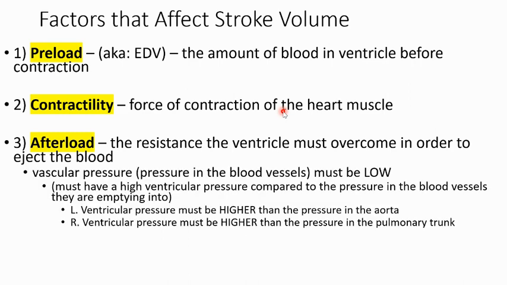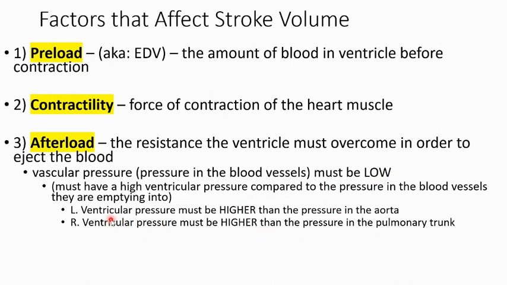Again, that vascular pressure in the artery must be low. Remember, we talked about how the aortic pressure prior to contraction is going to be the lowest it's going to be. That's going to represent your diastolic number of your blood pressure. So again, you want that to be low. That way, the ventricles can easily push that blood into that next blood vessel, into the aorta or pulmonary trunk.